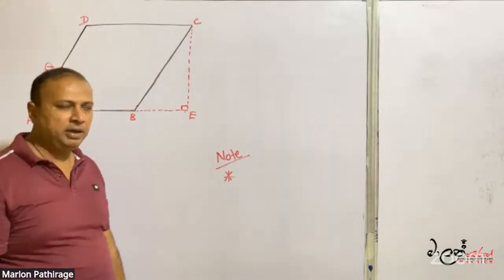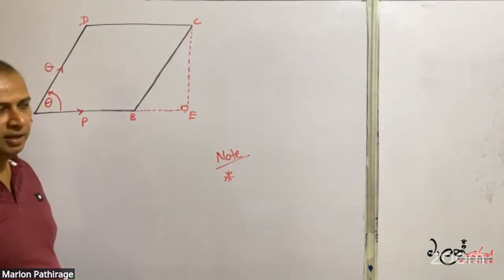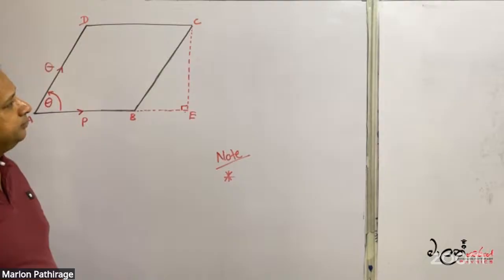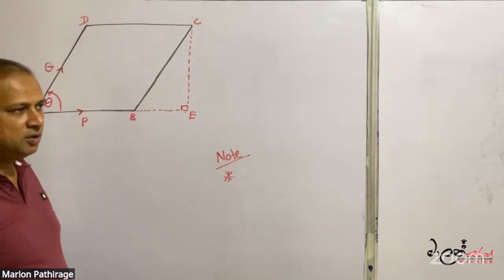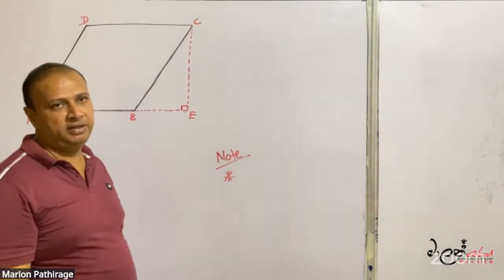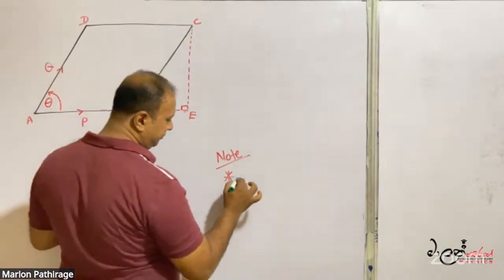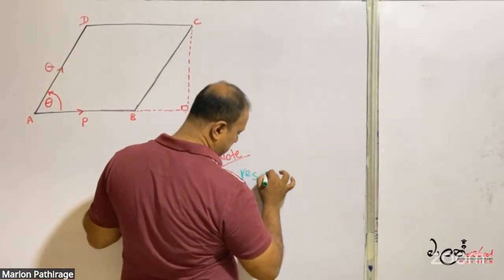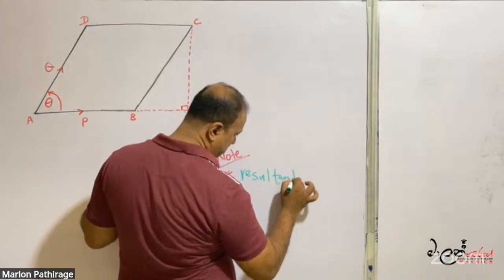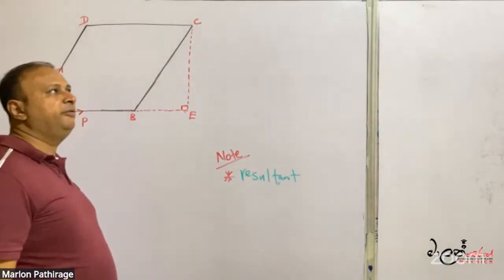Actually, I will define this too. I will define what the resultant is. The addition vector is also known as the resultant vector.